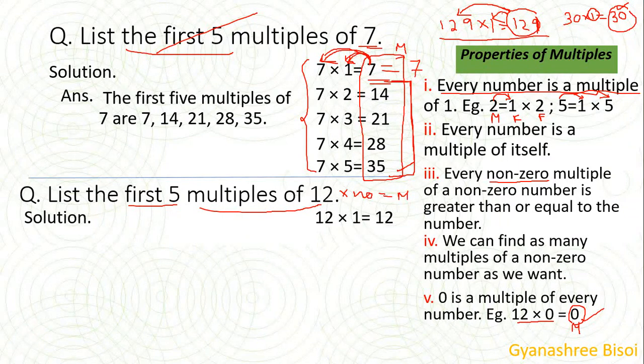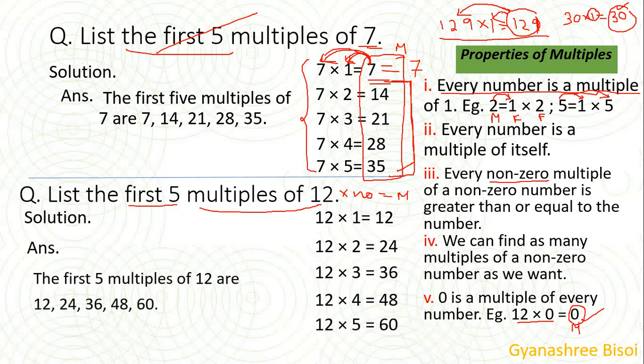So first is 12 multiplied by 1, then 12 multiplied by 2, by 3, by 4 and by 5. Then here are the 5 multiples of 12. Answer: the first 5 multiples of 12 are 12, 24, 36, 48 and 60.